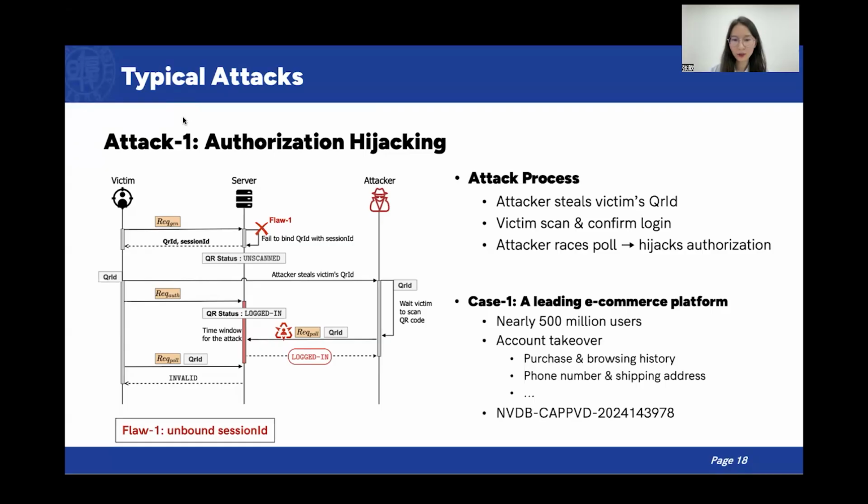The attack works because the server never checks who originally initiated the QRLogin. It just trusts the one who got the QR ID. We found this vulnerability in multiple major websites, such as major shopping sites with over 500 million users, exposing private order histories, personal information, and so on.